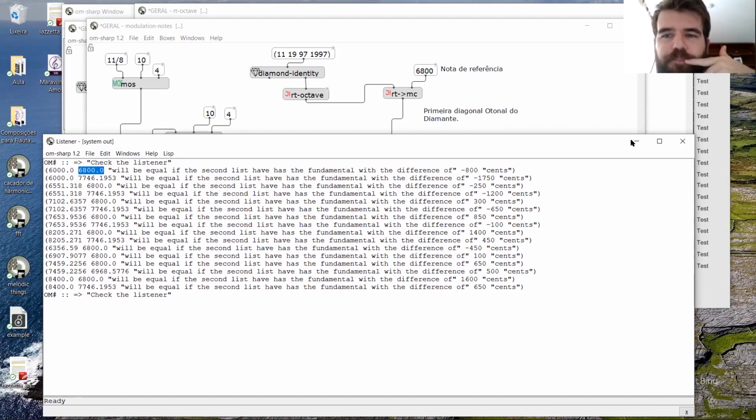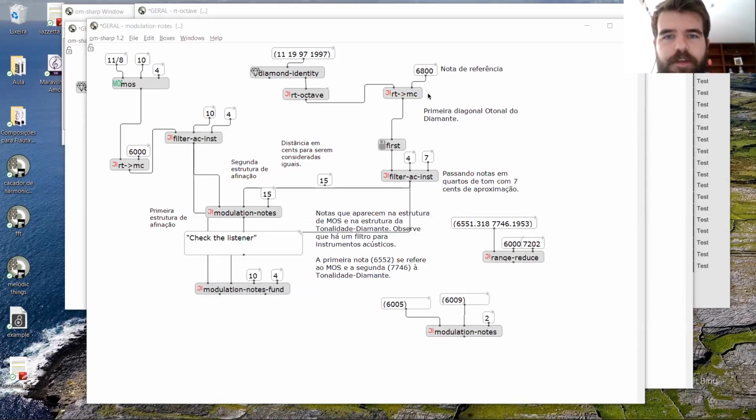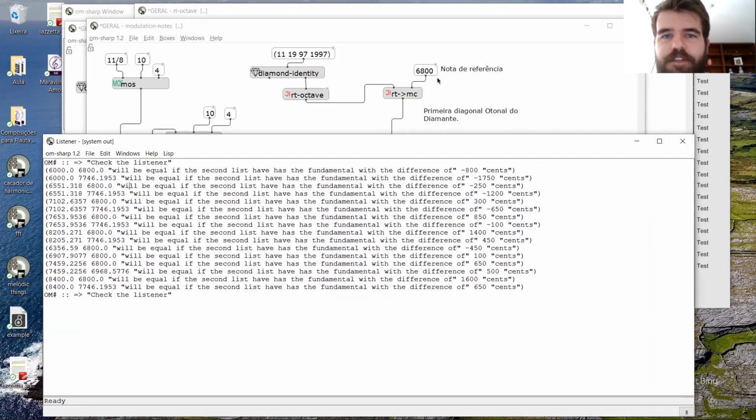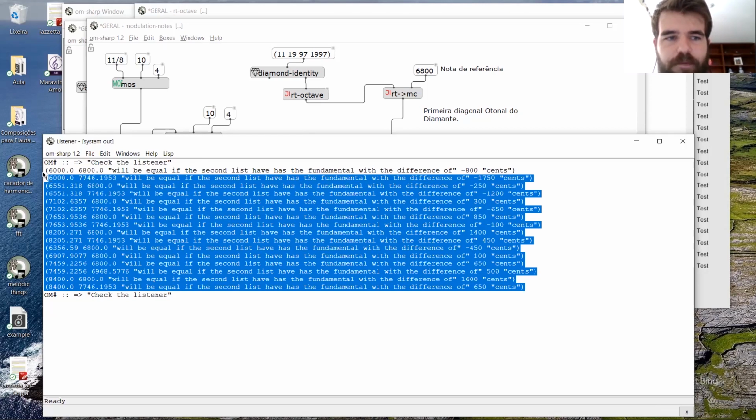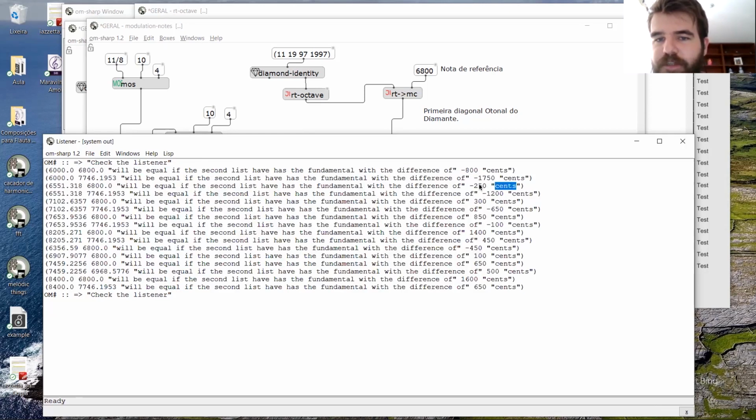Because if I change this fundamental to C4, these notes will be the same, of course, equal. So here we have all the notes that will become equal, but of course with different structure fundamentals.